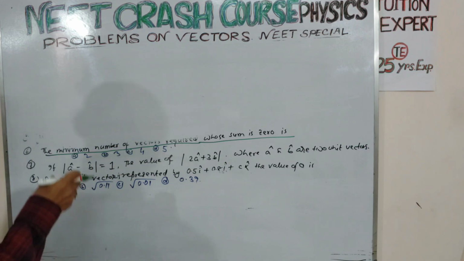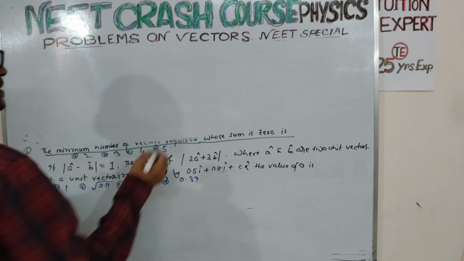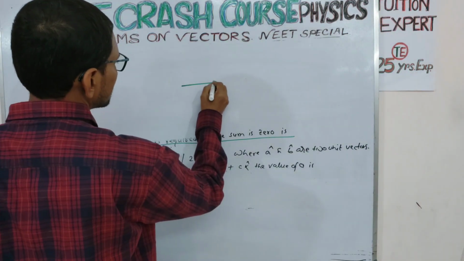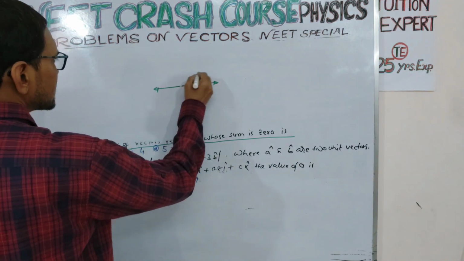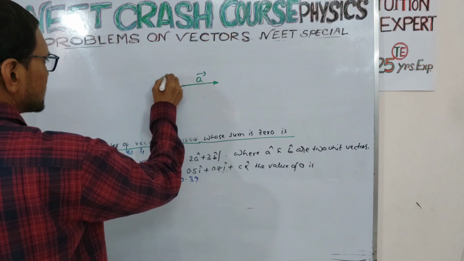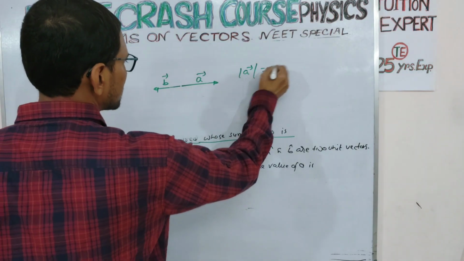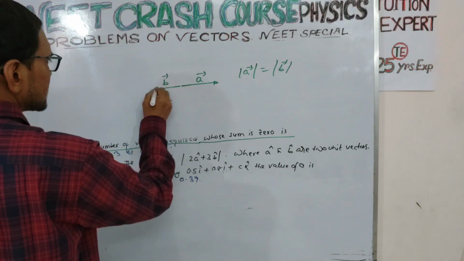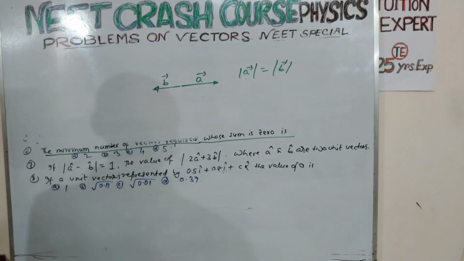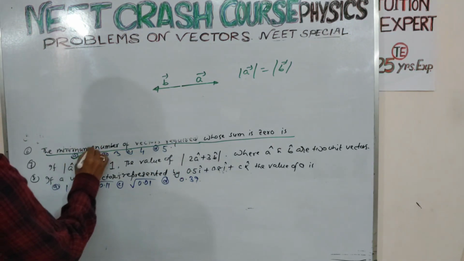Unequal magnitude, equal magnitude, not. So we take two equal magnitude but just in opposite direction. If we take magnitude of A and magnitude of B equal but in opposite direction, the two vector produce the 0 resultant. So answer is here 2.